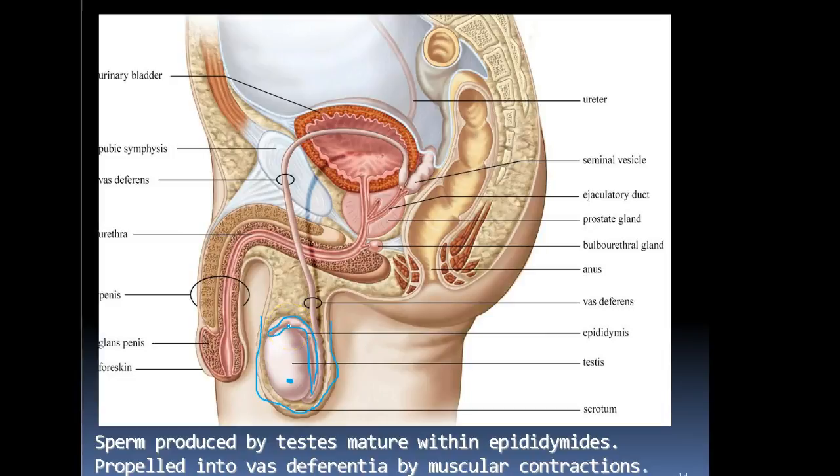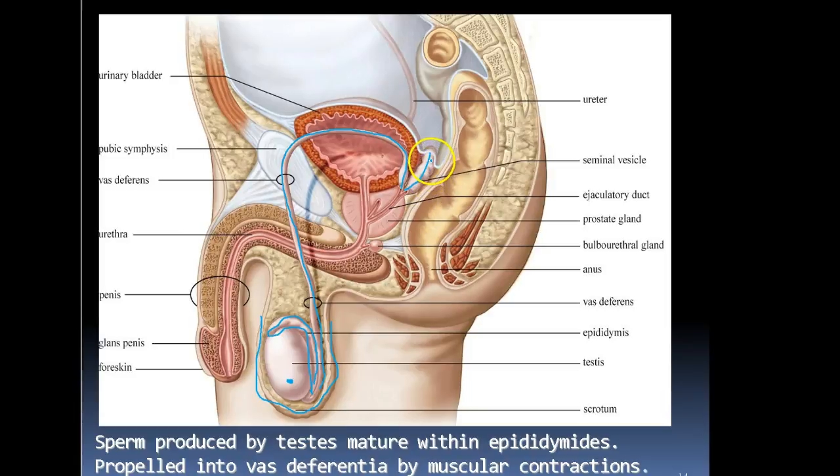And then when a male has an orgasm, these are propelled into the vas deferens, which crosses over the pubic bone, goes around the backside of the prostate, and then meets up with the seminal vesicle, which is going to lend to the solutions of semen.